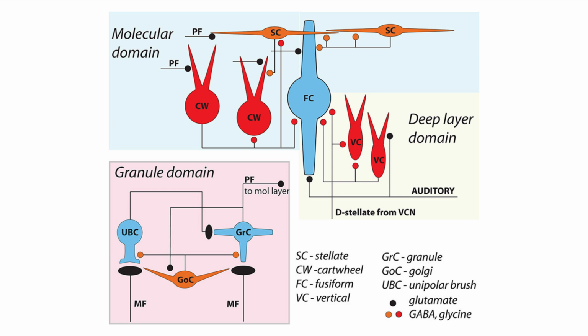Now, if you remember, the cartwheel cells, which are labeled as CW, are the large inhibitory interneurons, and they receive excitatory input from the parallel fibers, and also, in turn, make inhibitory synapses onto the other neurons, especially the fusiform cells labeled as FC, and sometimes each other.